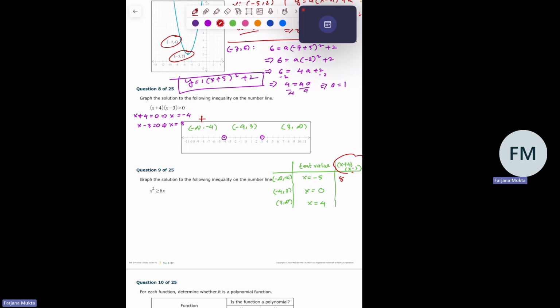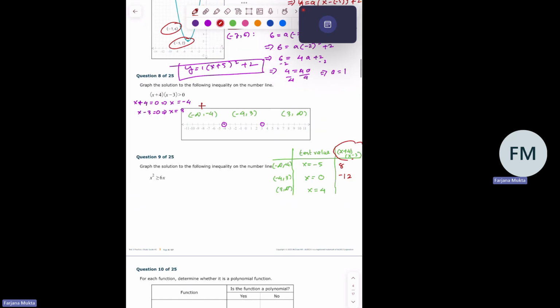The second subinterval, if we substitute 0, so 0 plus 4 is +4, 0 subtract 3 is -3, and +4 times -3 is -12. So negative for the second subinterval, positive for the first. Finally, for x equal 4, 4 plus 4 is 8, and 4 minus 3 is +1. So 8 times 1 is +8. So positive for the last.